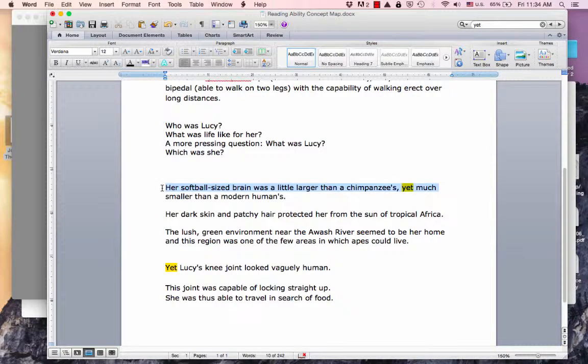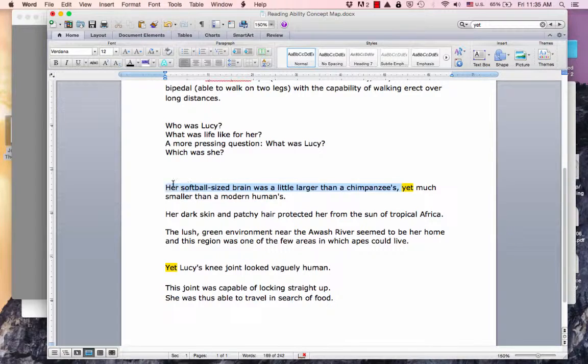So if we look at this as a two-part sentence, okay, and this sentence happens to start off with a canonical word order, okay, subject and then verb and then your complement, okay, or direct object, except that it's the verb to be, so it's not really a direct object, it's a complement. We have this "yet" phrase afterwards, okay, as a dependent clause.